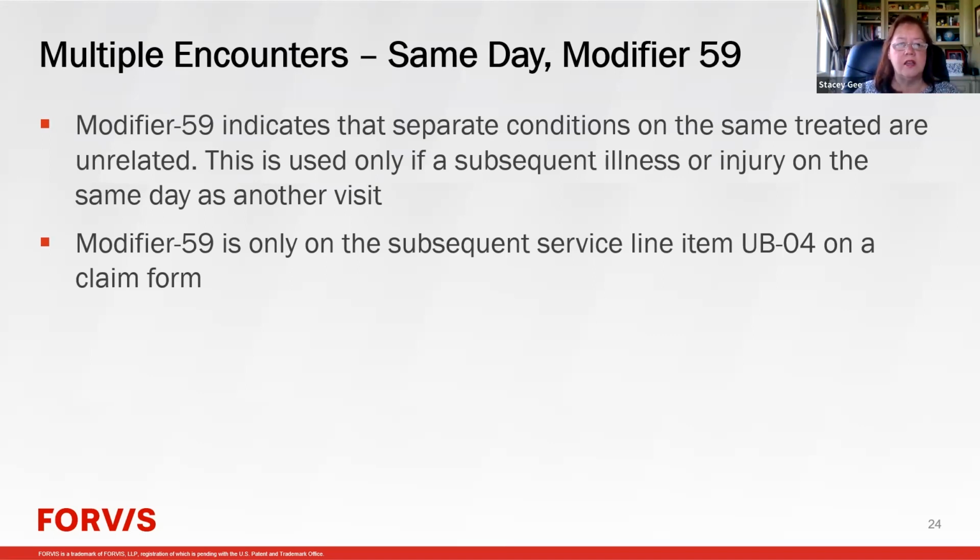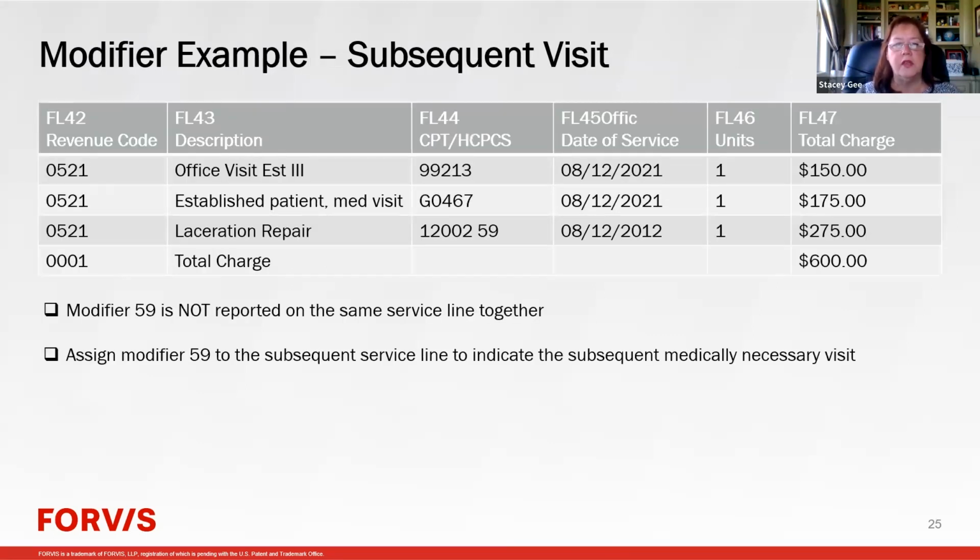And I've got an example here on the next slide, just what that would look like on your claim. You can see the first line, I've been in for my office visit. I'm an established patient with a level 3 E&M assignment code, the 99213, that was for my morning visit.